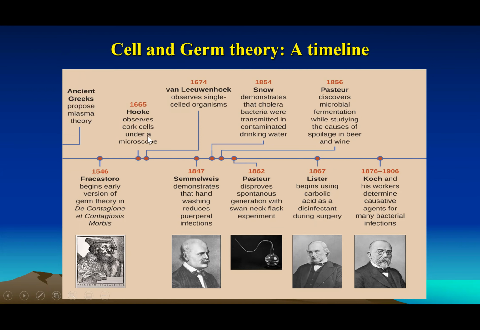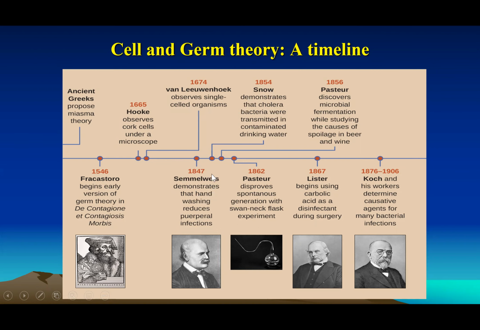And then here Hooke comes, he's the father of the cell. He coins the word cell. Leeuwenhoek, with a simple microscope, is observing bacteria. Snow studies the epidemiology of cholera. And then there are people proving and disproving spontaneous generation here.